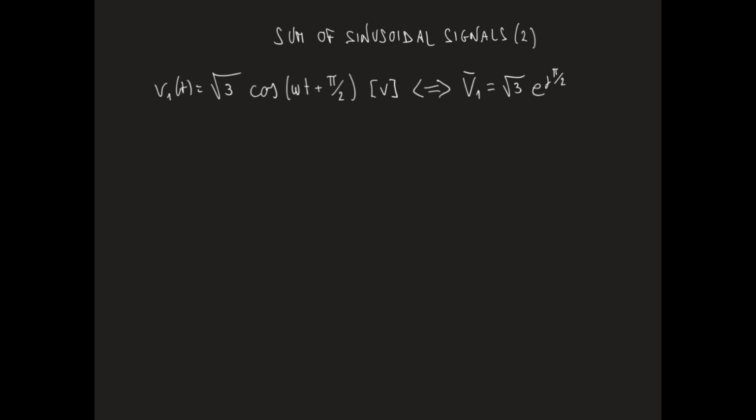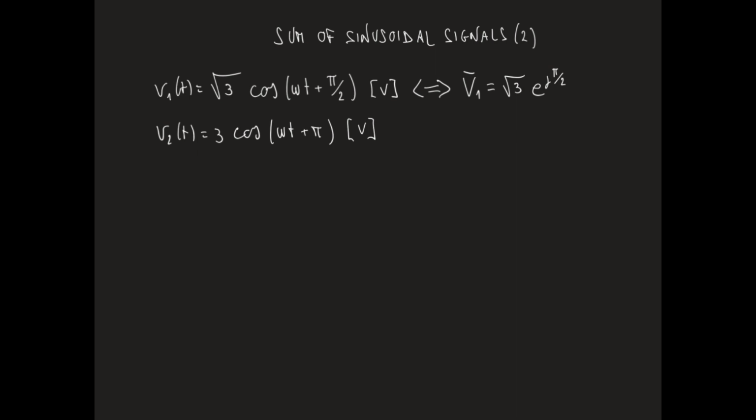Suppose then we have a second signal, v2 of t, equal to 3 times the cosine of omega t plus pi, and suppose also this is a voltage signal as the previous one.